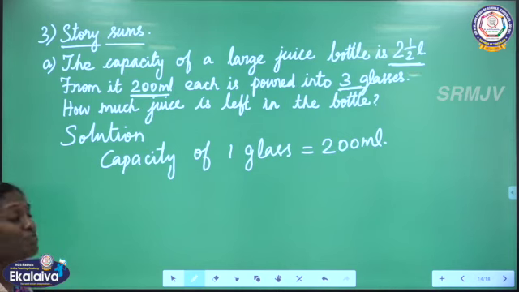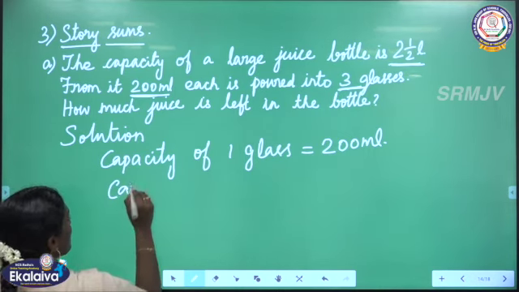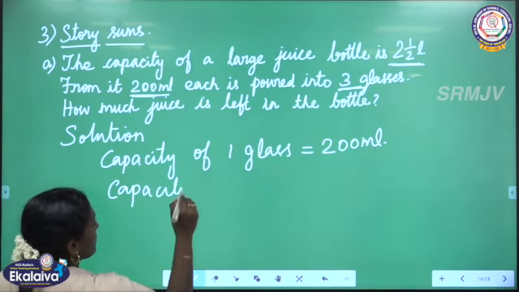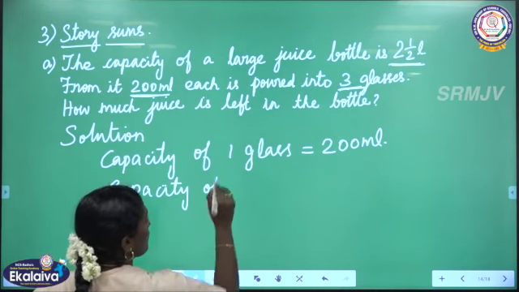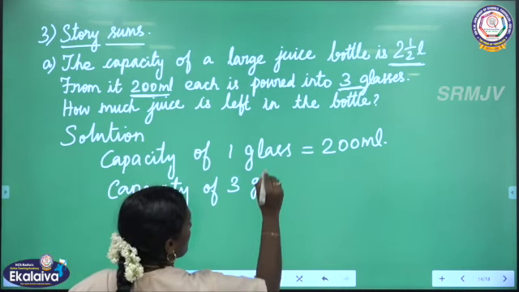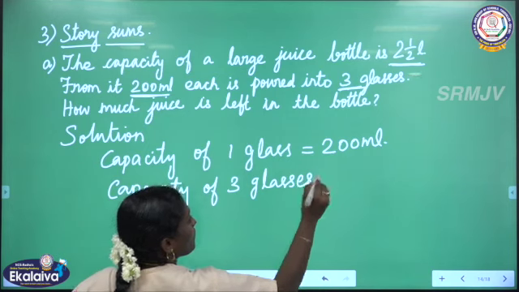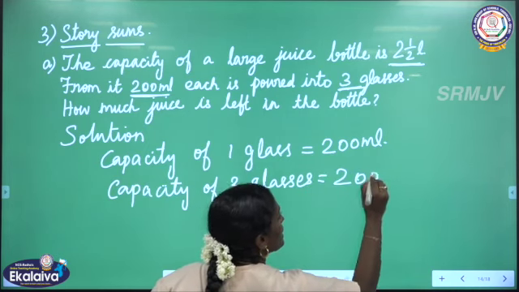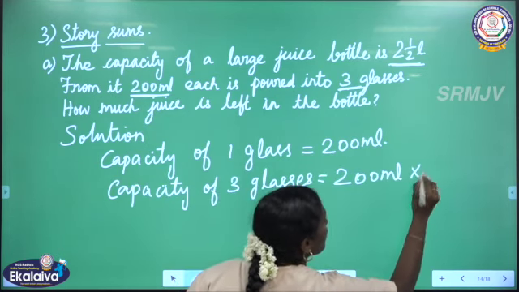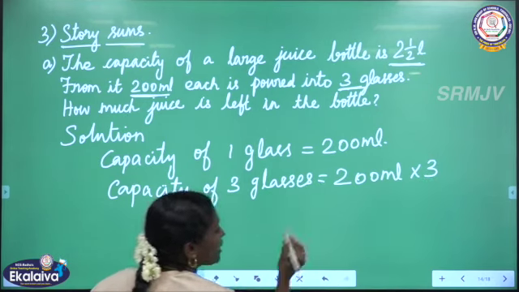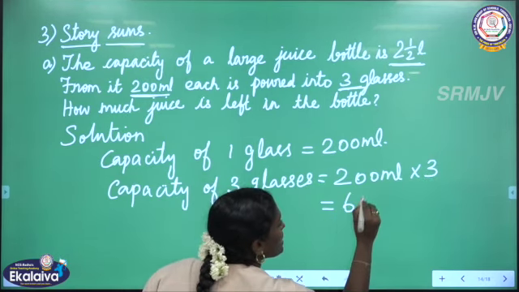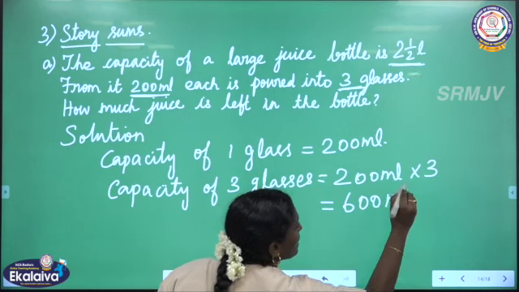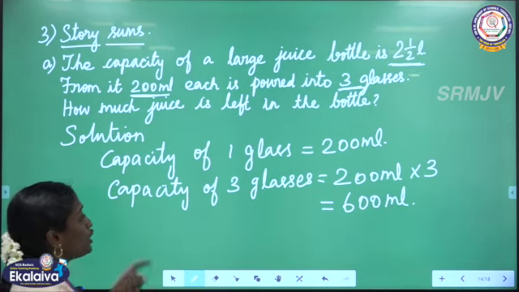So we have to use multiplication. 200 milliliter into 3, we will get 600 milliliter. This is the capacity of juice we poured in 3 glasses.